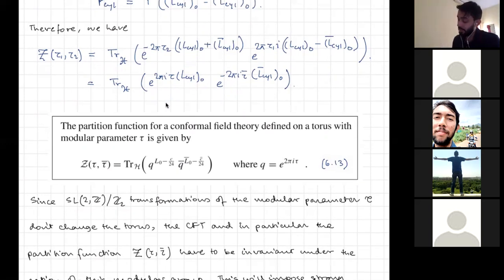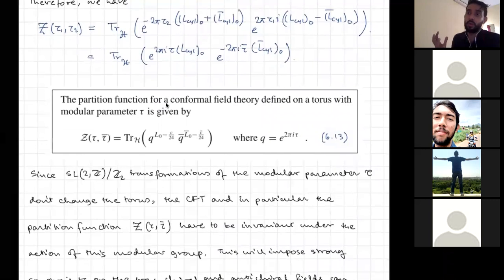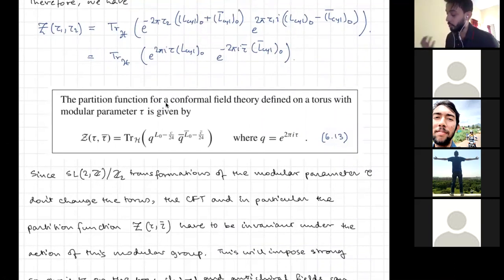As a result, the partition function will also have to be invariant under it. Okay. So this is going to be one of the major defining factors of what we are going to be doing in these few lectures, that the partition function is going to be invariant under the action of this particular modular group.